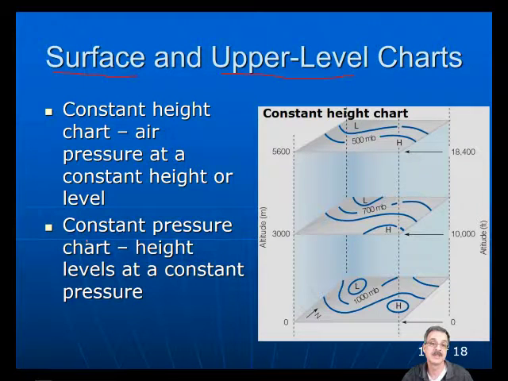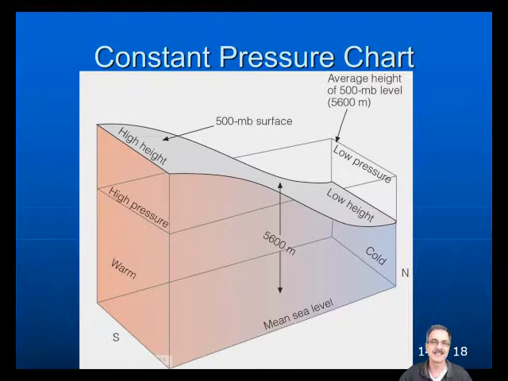And another one is a constant pressure chart, and basically that's the opposite. It records the height level at a constant pressure. Right? Instead of looking at the pressure at the same height level, this looks at what height that pressure level is at.